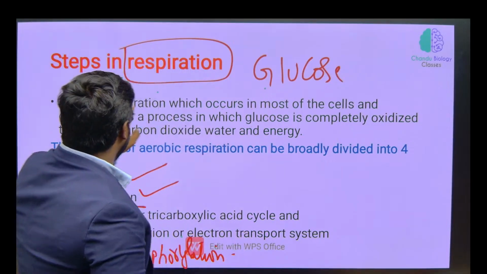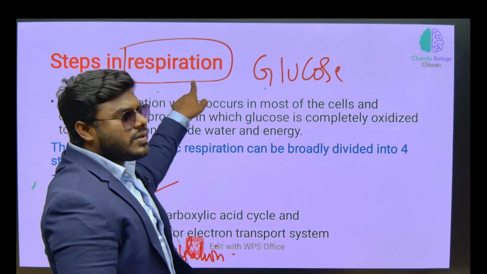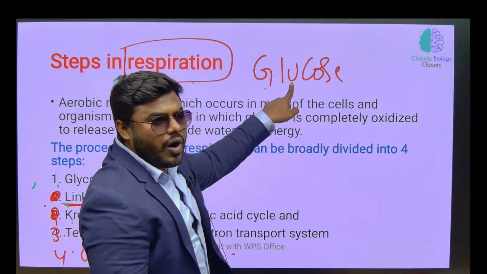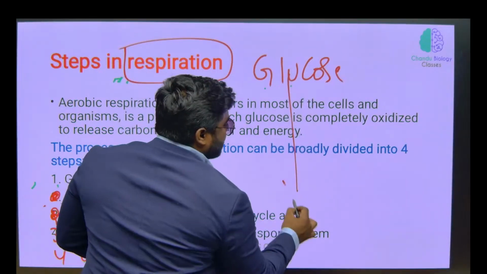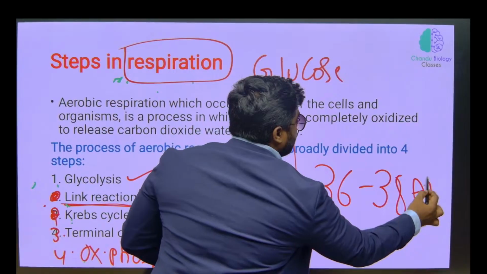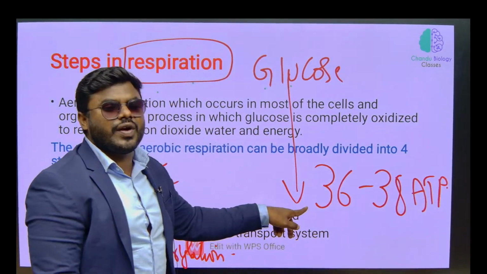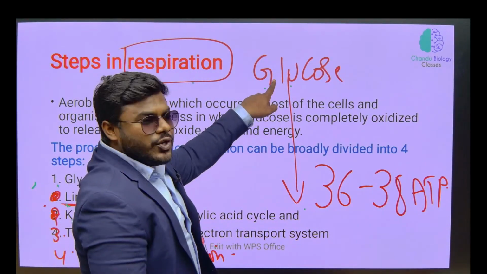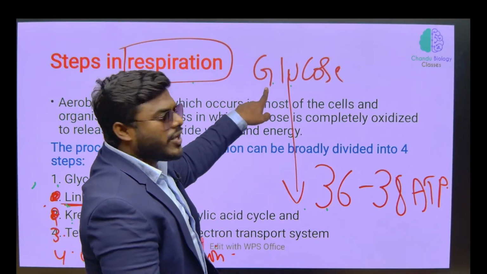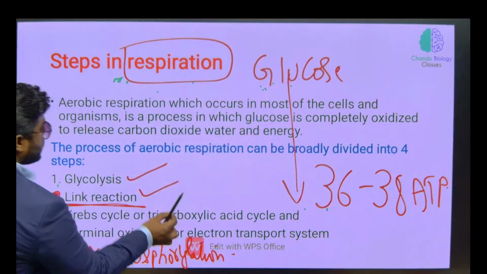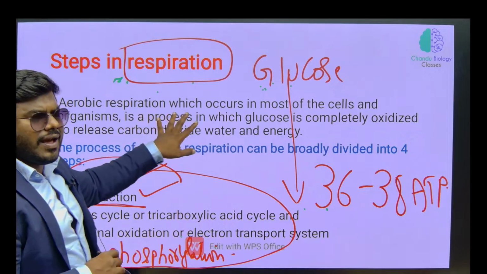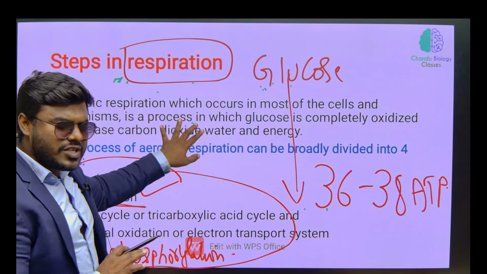So in simple words, cellular respiration is the breakdown of glucose to get an abundant amount of ATP, for example 36 to 38 molecules of ATP. You cannot get 36 to 38 molecules of ATP directly from one glucose. This glucose has to undergo all these steps. Only then do we get the abundant amount of ATP. Otherwise we never get it.